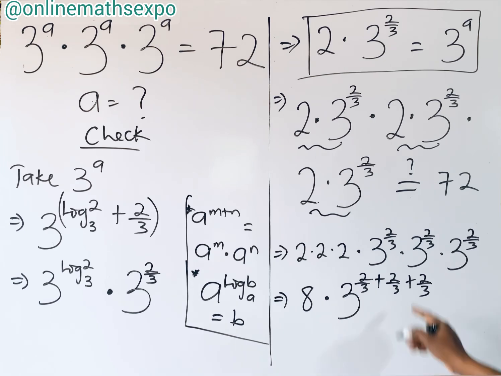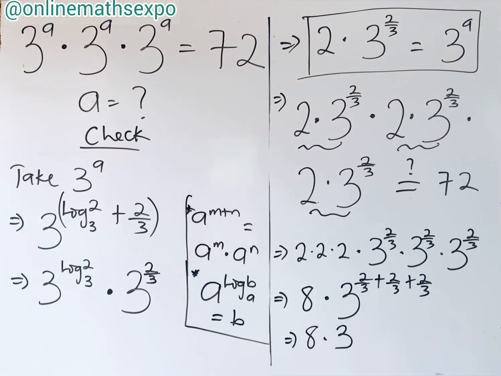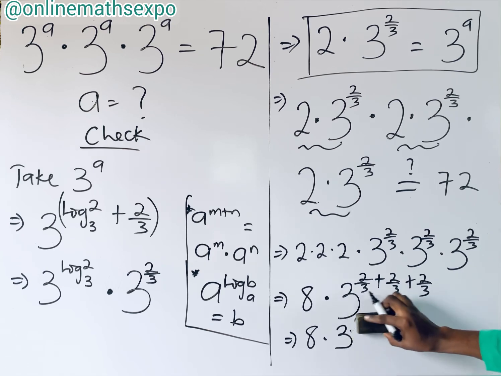And to do that, we are going to have 8 multiplying 3 to the power. You see that the denominators are the same, so you can add the numerators. When you add this, it gives you 2 plus 2 plus 2, which is 6 divided by 3. Interesting. Let's do it better.